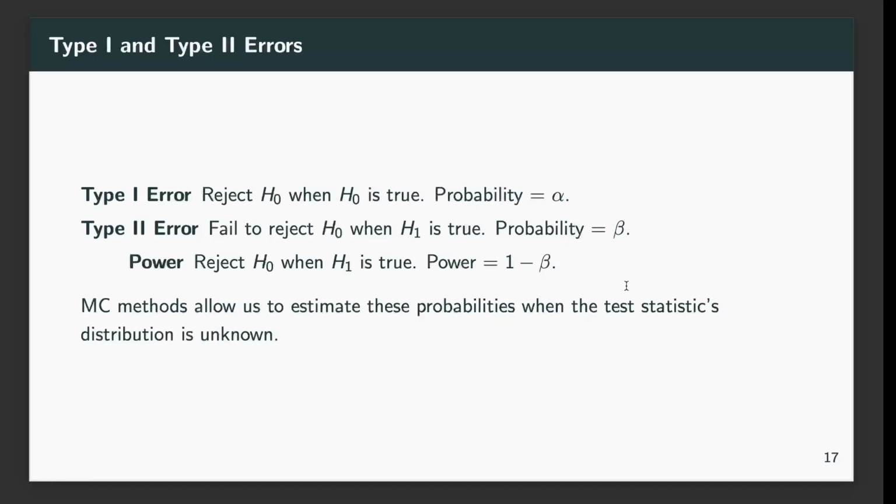Because number one, we want to verify that the test actually maintains its stated alpha level. Just because the test was derived with alpha equal 0.05, like we saw in our example just now, it doesn't mean that it achieved that error rate in practice, especially for small samples or data that come from non-normal distributions. Second, we want to compute the power to determine how likely the test is to detect a real effect of a given magnitude.